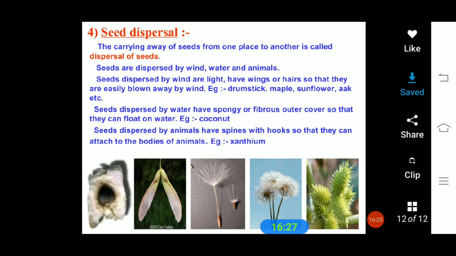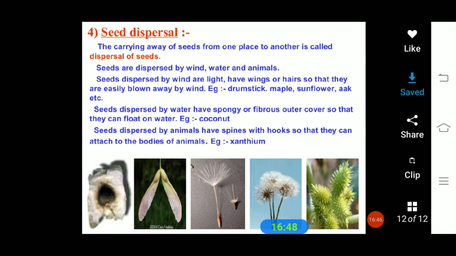So students, in nature the same kind of plants grow at different places. This happens because the seeds are dispersed to different places. Sometimes after a walk through a forest, a field, or a park, you may have found seeds or fruits sticking to your clothes.